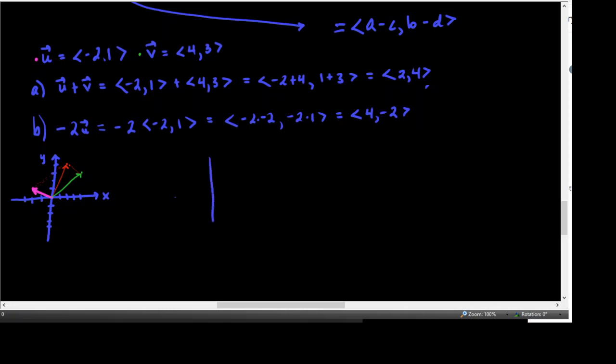The other one, okay, so again, vector u I'm going to do in pink, terminates at negative 2, 1.